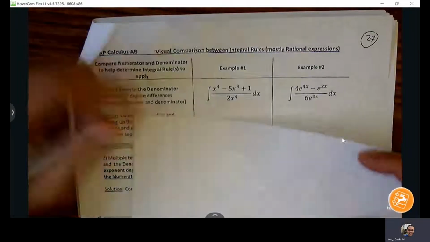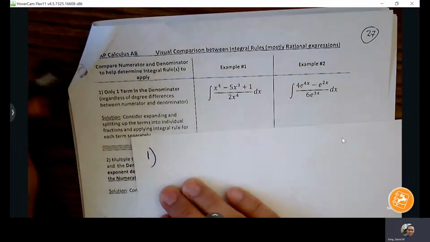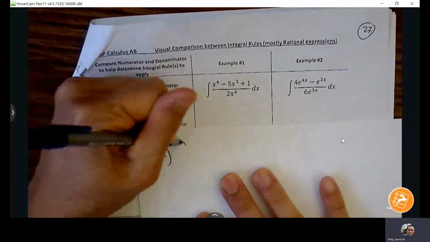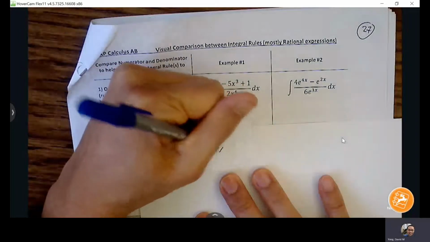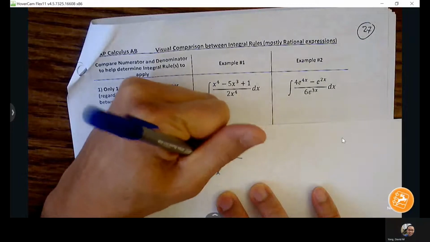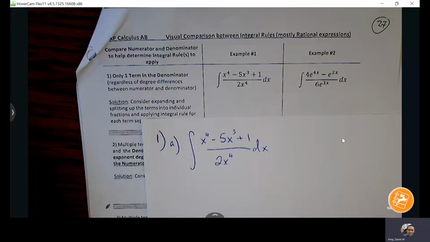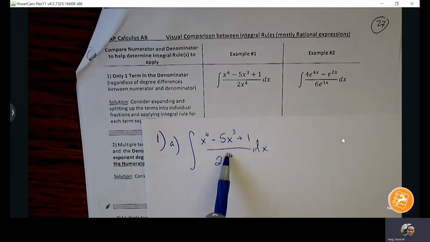Okay, so let's start off with this one here. Example 1, 1A. If there's only one term in the denominator, we don't really care about what the degrees are.